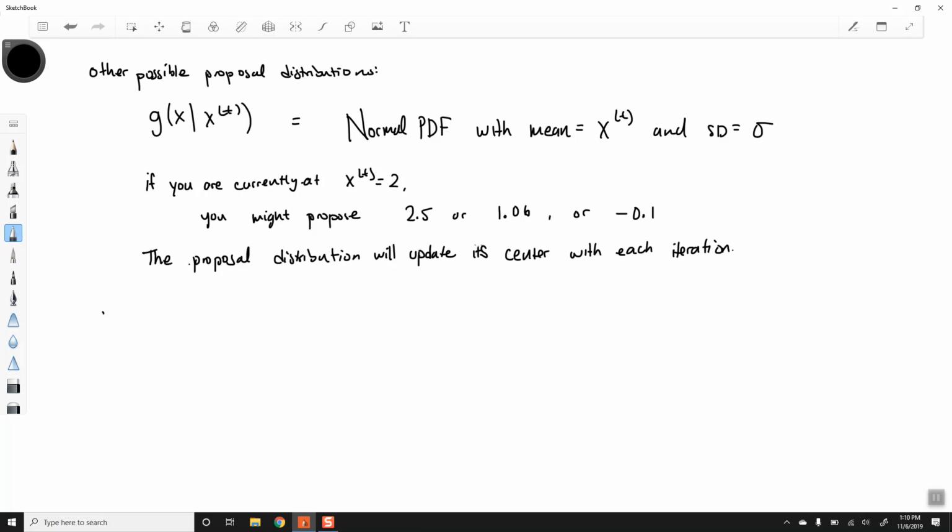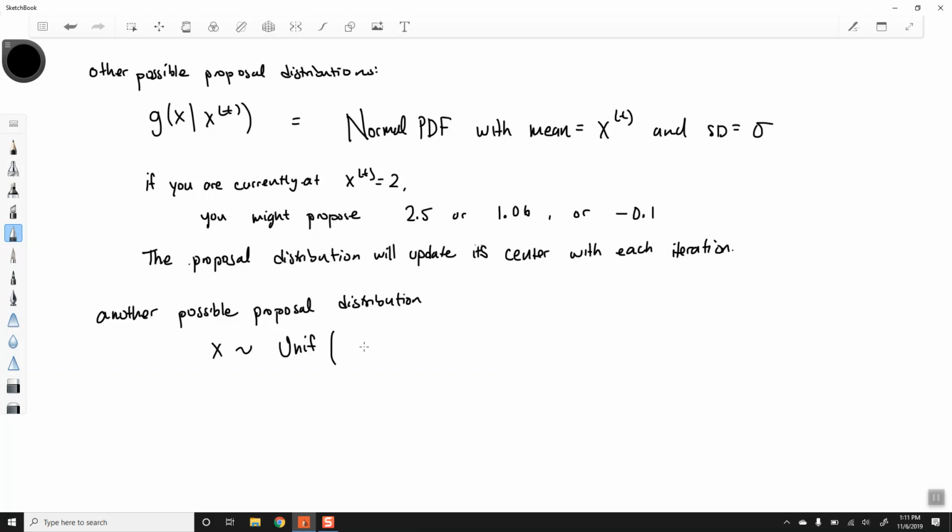Maybe another possible proposal distribution, and it doesn't have to be any of these, is that x will come from the uniform distribution, centered at x at time t.